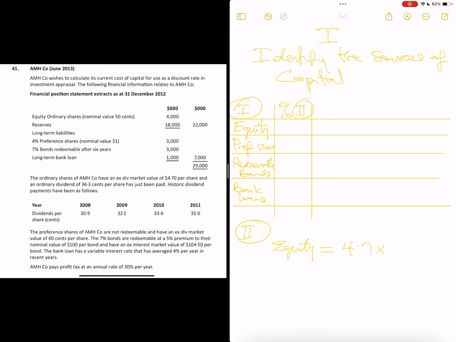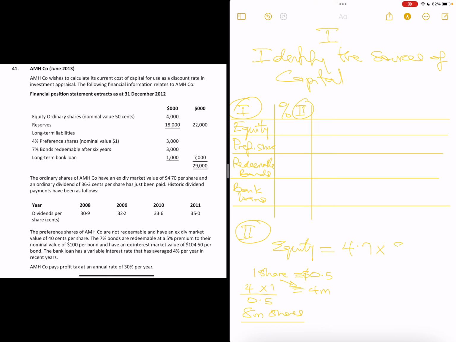So if one share is valued at $0.5, that's 50 cents, and the total value of this share is 4 million, that means the number of shares will be 4 times 1 divided by 0.5. So we have 8 million shares.